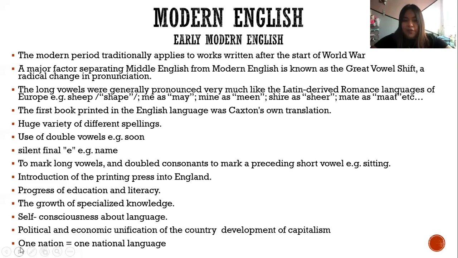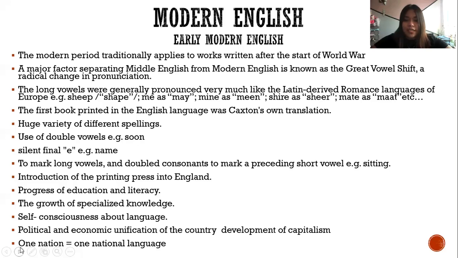The major factor separating Middle English from Modern English is known as the Great Vowel Shift, a radical change in pronunciation as a result of which long vowel sounds began to be made higher and further forward in the mouth.